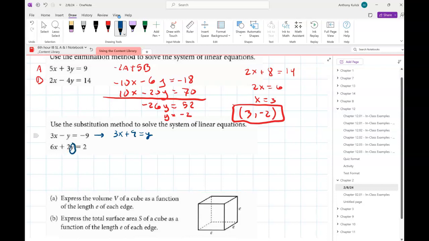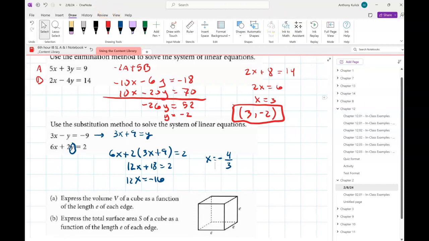And then I'll substitute that into the second equation. So I'll replace the y with the 3x plus 9. So that's going to give me x equals negative 4/3. What do I do there?